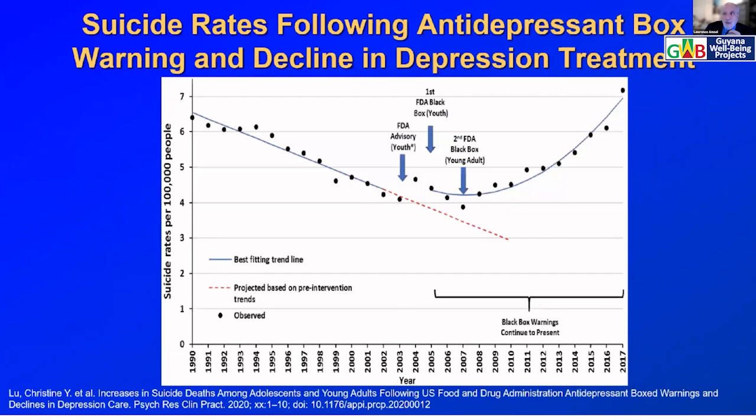We will decrease suicidality. This is, again, American statistics, but imagine this happening in Guyana, where we reduce suicide rates. Why? Because we're catching depression, and depression is a major, not the only risk factor, but a major risk factor.